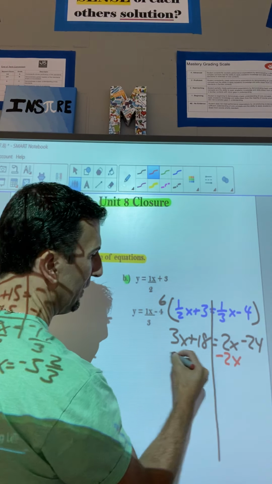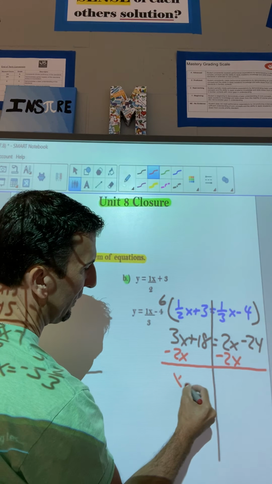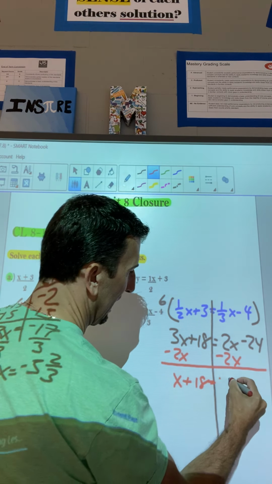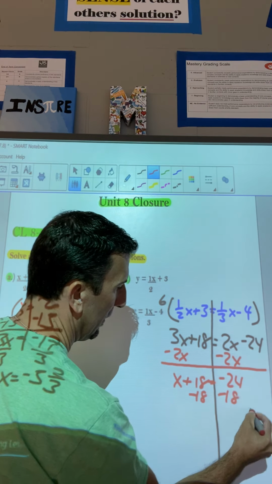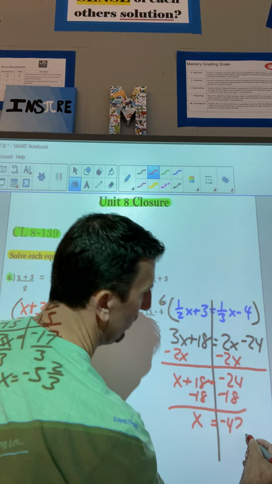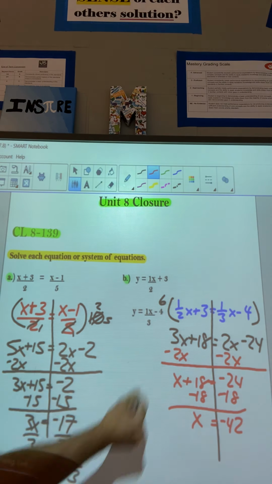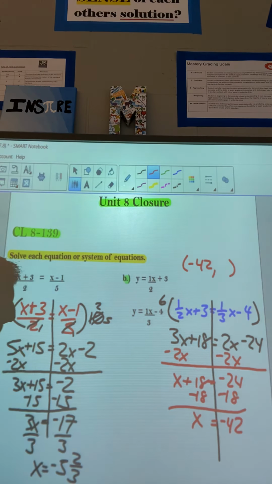Subtract 2x. So I get x plus 18 equals negative 24. Subtract 18. x equals negative, what is that, 42. So since x is negative 42, I've got to figure out what y is.